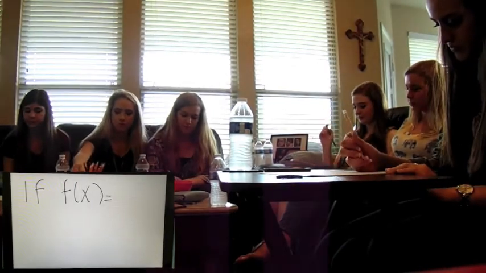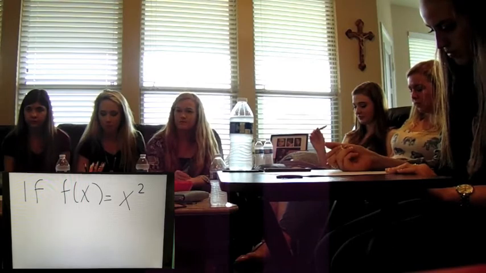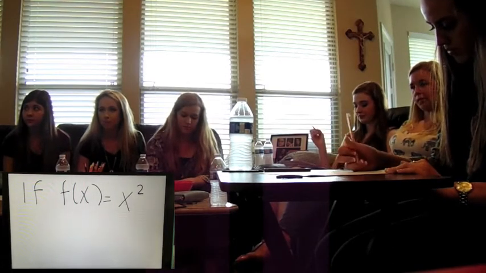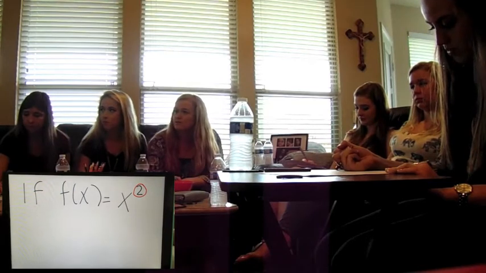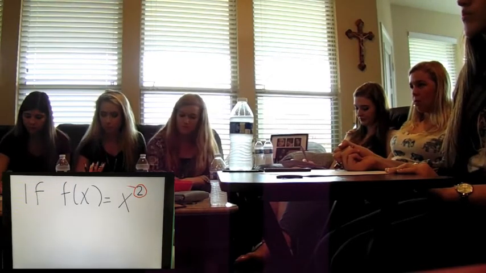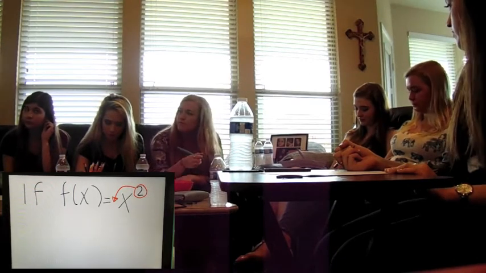So if f of x, or y, equals x squared, this is what you're going to do. You take this 2 right here. That's the n. And then you move it down here in front. Basically you're multiplying by whatever's in front.